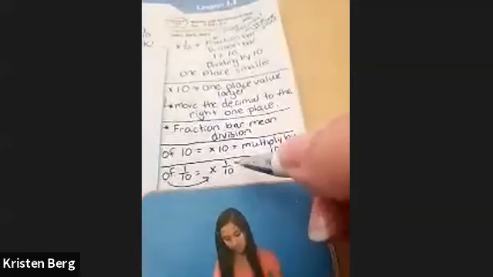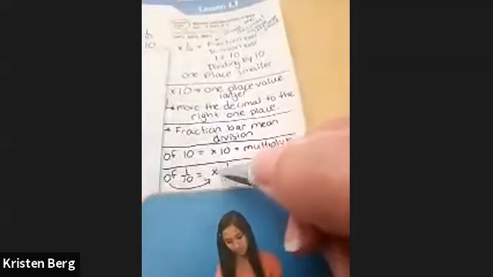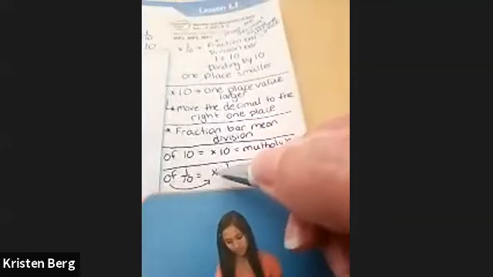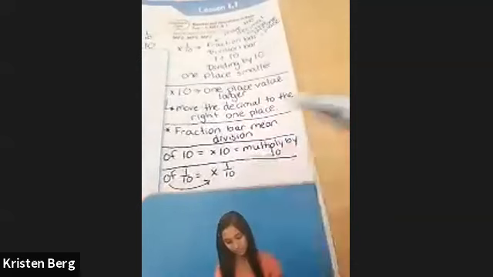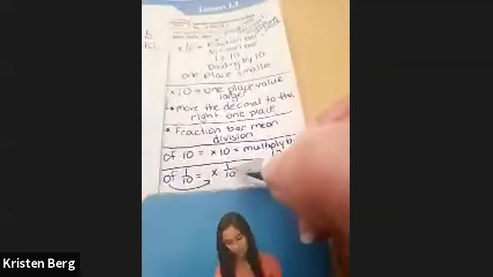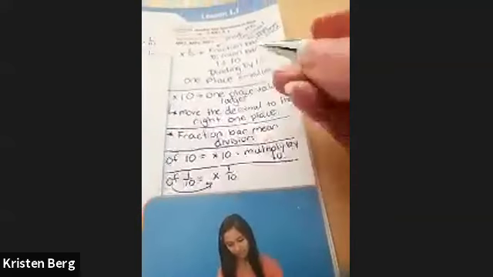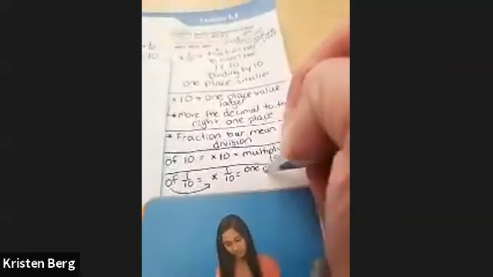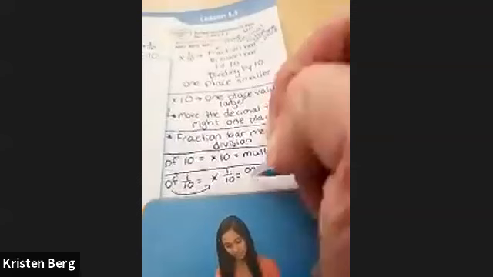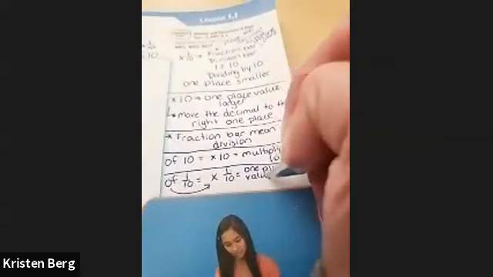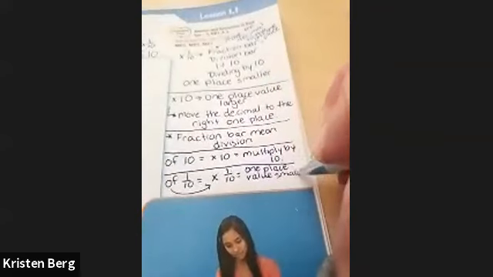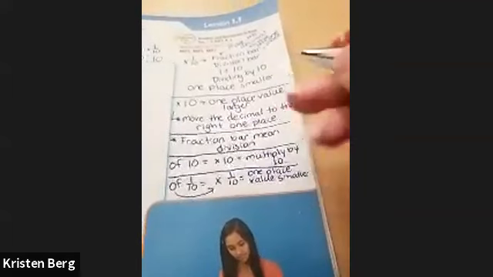So actually, this multiplication kind of is ruled out by this division bar. So actually, this just means divide by 10, or one place smaller. So one place smaller. Or divide by 10.